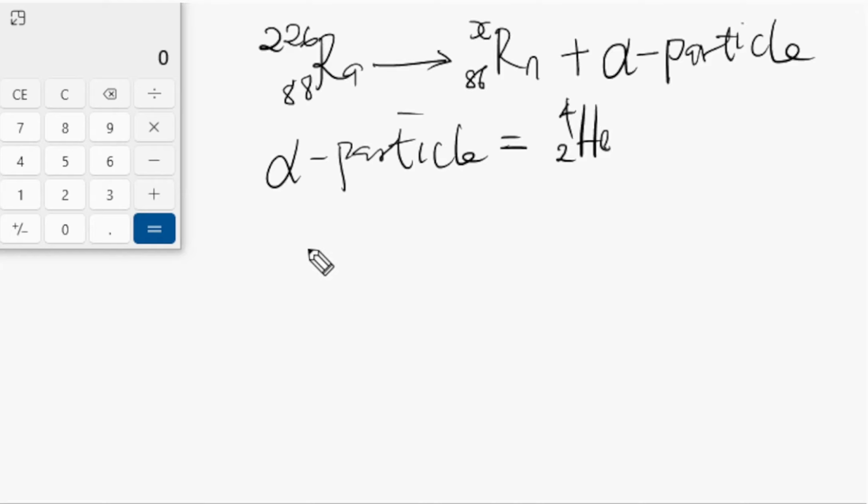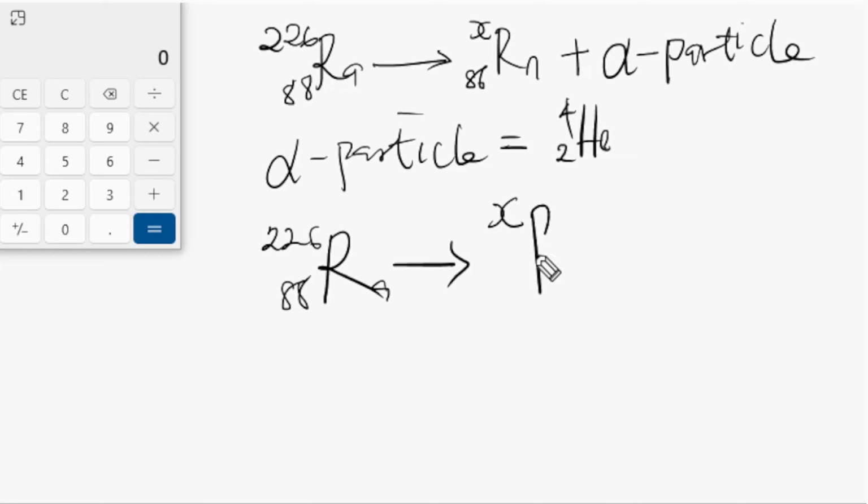So if we want to input this in this equation, we are going to have 226 and 88 here, and then this will yield X and 86, then plus 4 2 for helium.